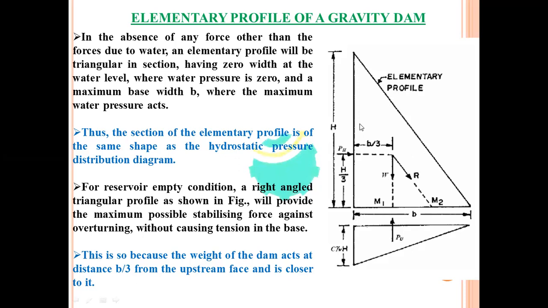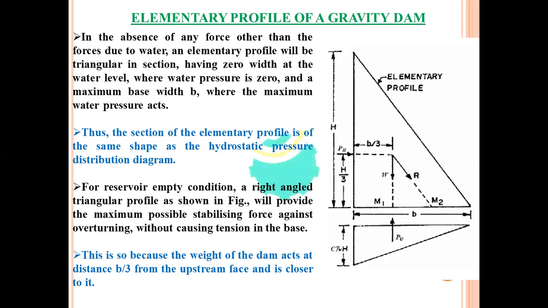At the top of the dam the water pressure is zero, and it is maximum at the base of the dam. Initially we assume like that.